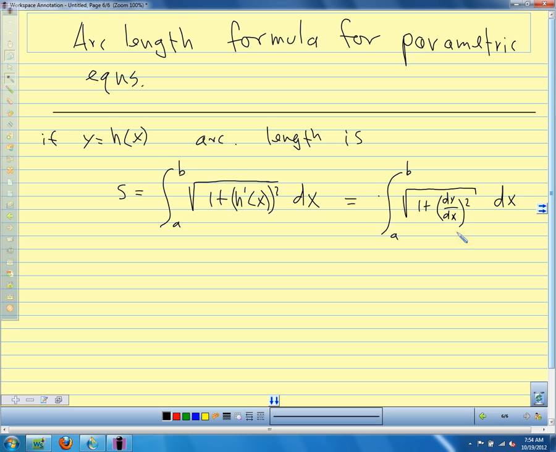Well, now we're going to take our expression for the derivative dy dx with parametric equations. So we're going to say if we have x equals some function of t, f of t, and y equals some other function of t, we'll call g.